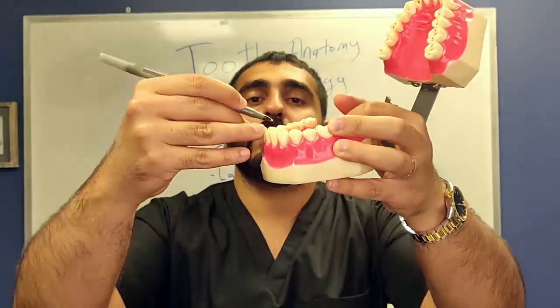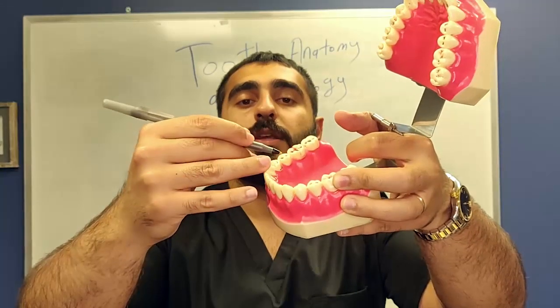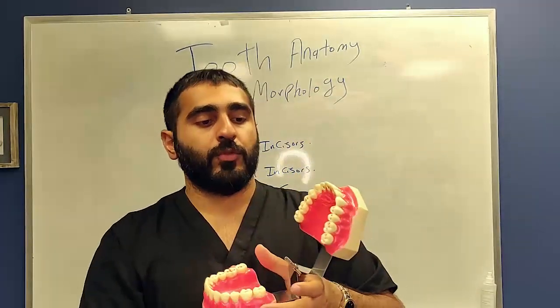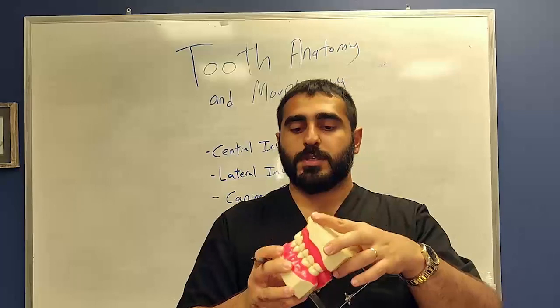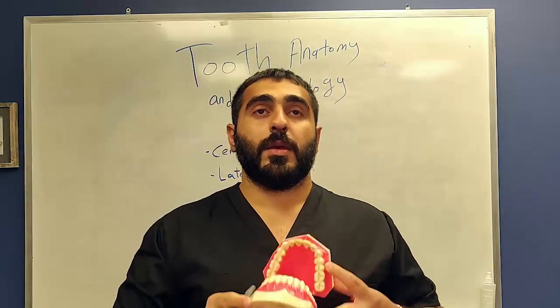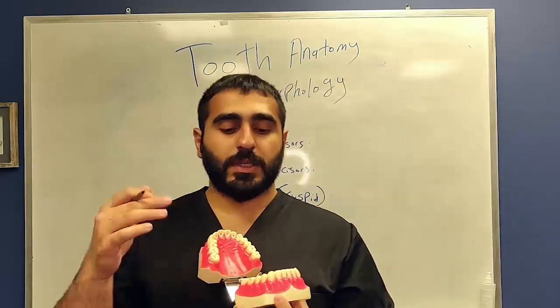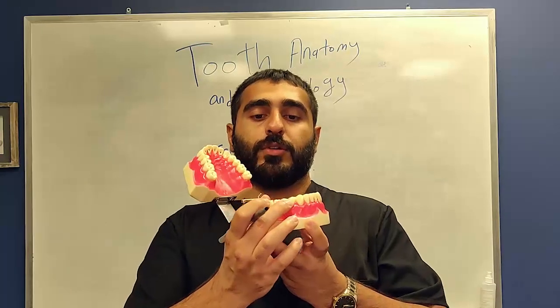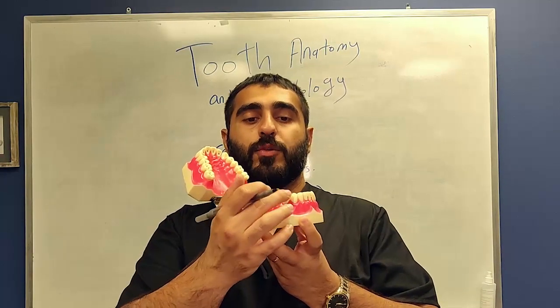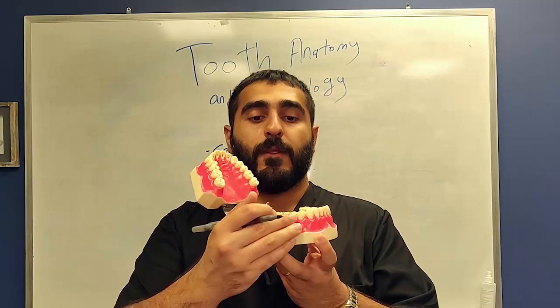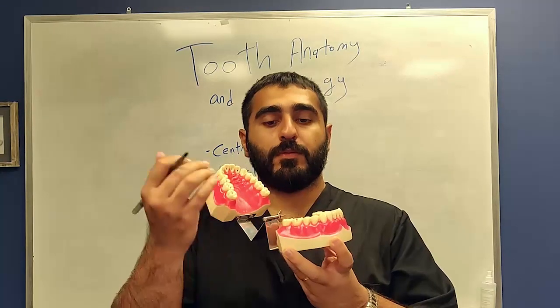Here, first and second, same thing. So the premolars are called bicuspids, and in the primary dentition, so in your baby teeth, you don't have premolars. The premolars here are actually replacing your primary molars, your baby molars.